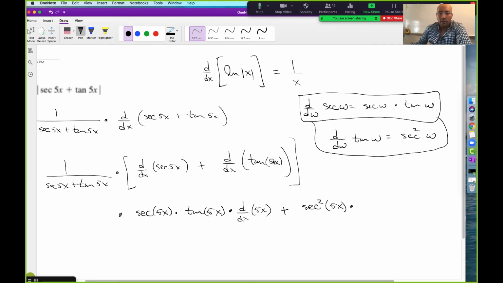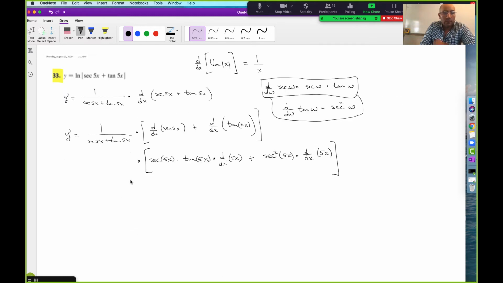And again, because it wasn't a single letter that matched the derivative of interest here, we have to multiply it times the derivative of the 5x. Right? All of this gets multiplied by this other function that we had over here. Let me zoom out. All of that gets multiplied still by this, which was 1 over secant 5x plus tangent 5x.